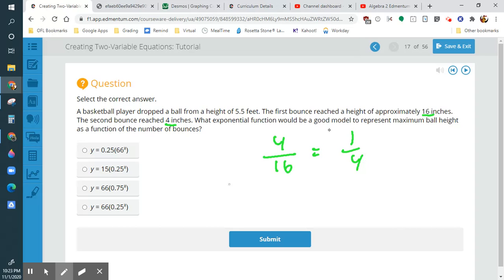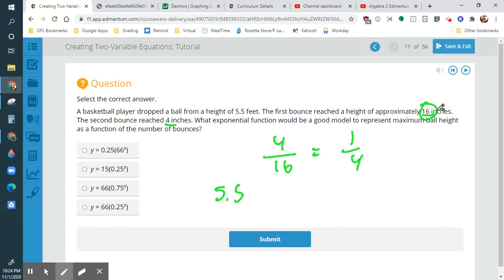So if our initial height was 5.5 and then, oh, almost forgot, we're dealing with inches. So we want this rate. Oh, wait, rate doesn't matter. Our units don't matter because our rate is still 1/4.